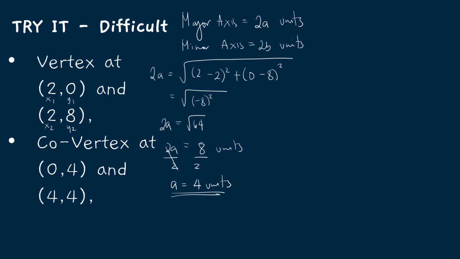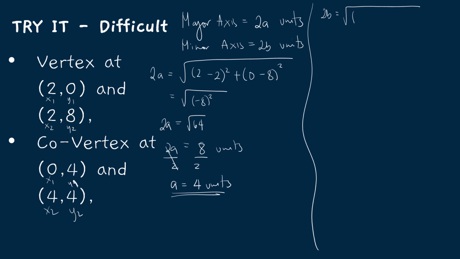On the other side, we will solve for the value of b. So 2b, for the minor axis, is equal to the square root of (0 minus 4) squared plus (4 minus 4) squared. They are interchangeable, so you do not have any negative sign.